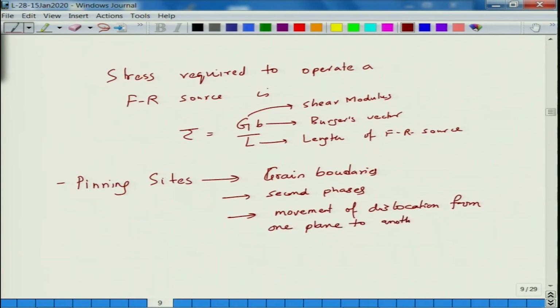So, basically it may be mobile in one slip plane, but it may not be mobile in another slip plane because of resolved shear stress becoming not sufficient.